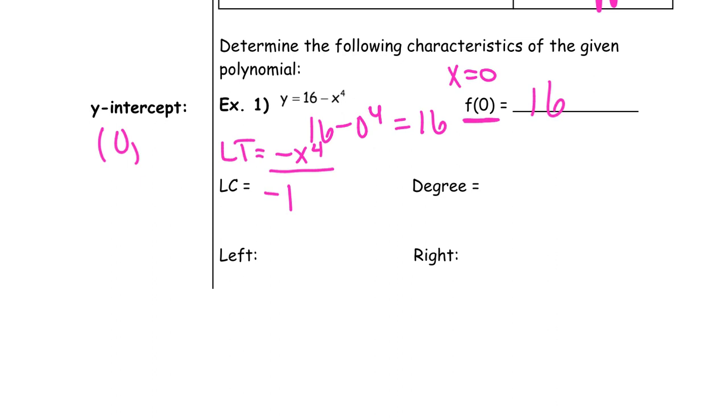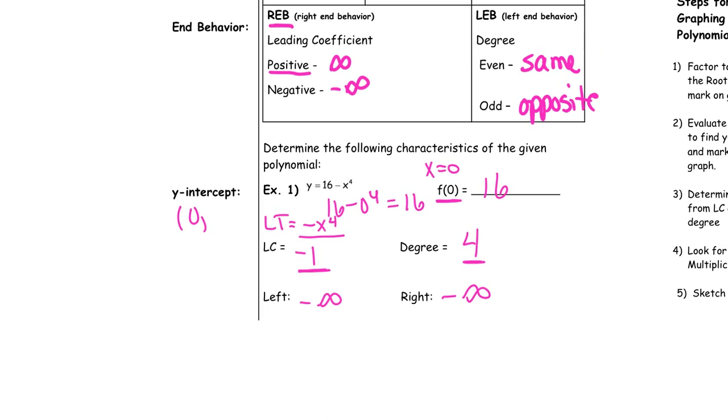What's the degree? 4. Since the leading coefficient is negative, what is the right-end behavior? Negative. Since the degree is even, what is the left-end behavior? Negative. Also known as the same. Okay.